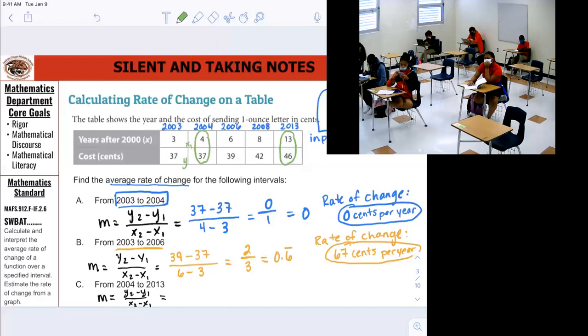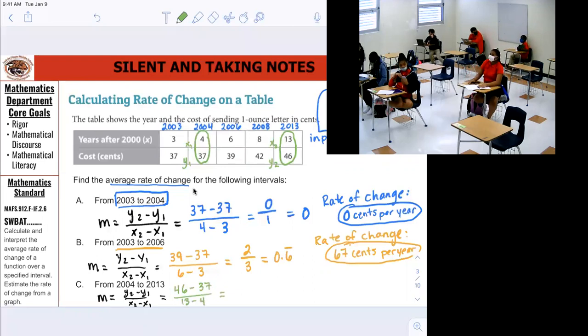What about X2? 13. Good. Now I'm plugging it into my formula. Y2 is 46. Y1 is 37. X2 is 13. X1 is 4.